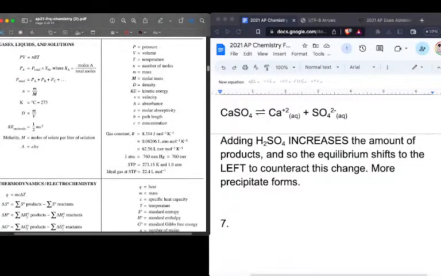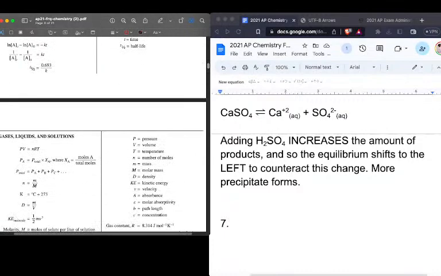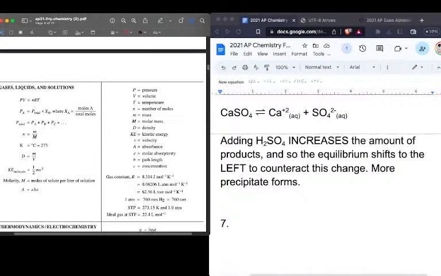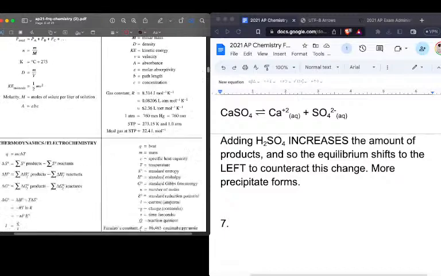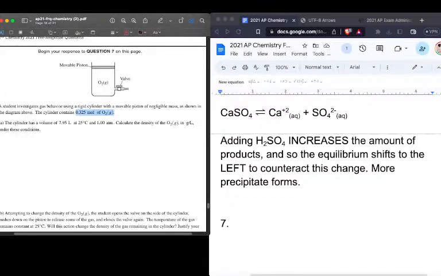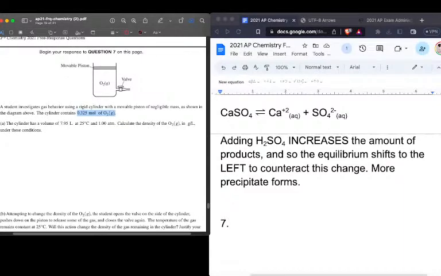Let's go take a little look here. Let's go to PV equals nRT. Density is mass over volume. I guess there kind of is a shortcut, but it's not going to be any shorter than doing it with regular molar mass, right?